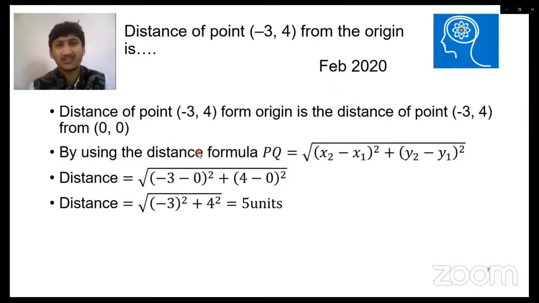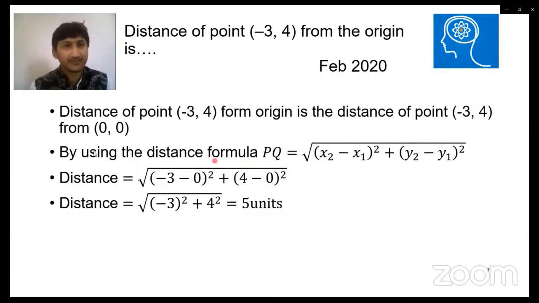So by using the distance formula, that is the length PQ is equal to under root x2 minus x1 whole square plus y2 minus y1 whole square, we can find out the distance. Here x2 will be the x coordinate of the point, that is -3. Y2 will be what? The y coordinate of the point, that is 4.